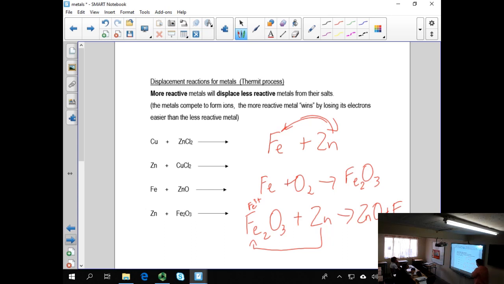So the iron, even though it would start rusting, there's a chemical reaction that pushes it back, that prevents it from forming the iron oxide, because the moment it starts forming, the zinc displaces the iron and it forms zinc oxide and iron.